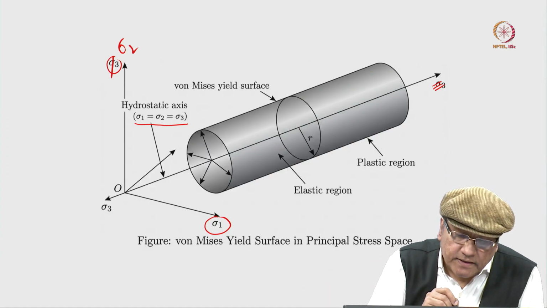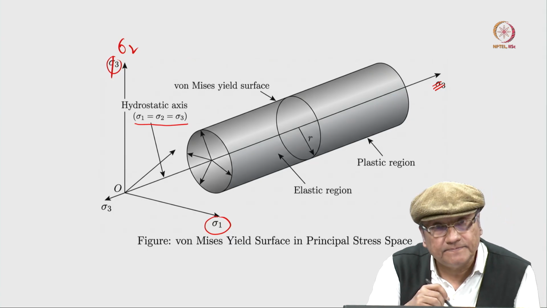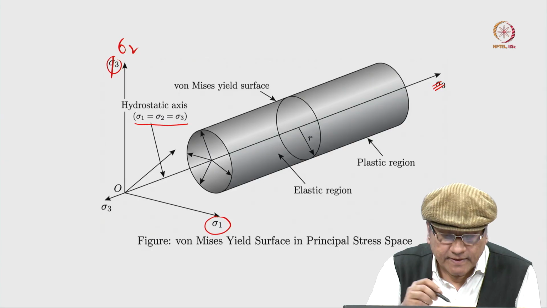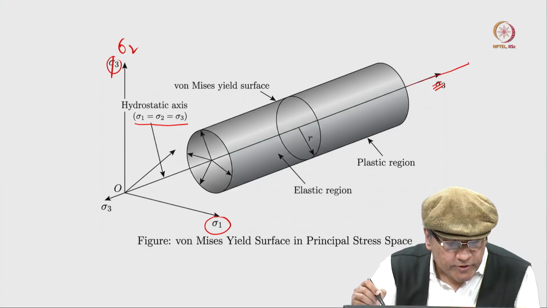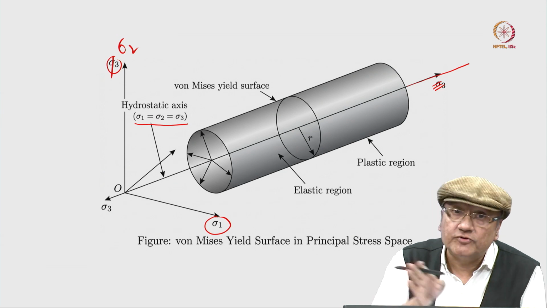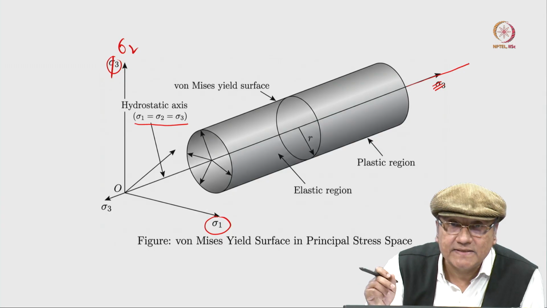So you get the overall yield surface as a cylinder, and the hydrostatic axis comes symmetrically as the center line, the axis of that cylinder.